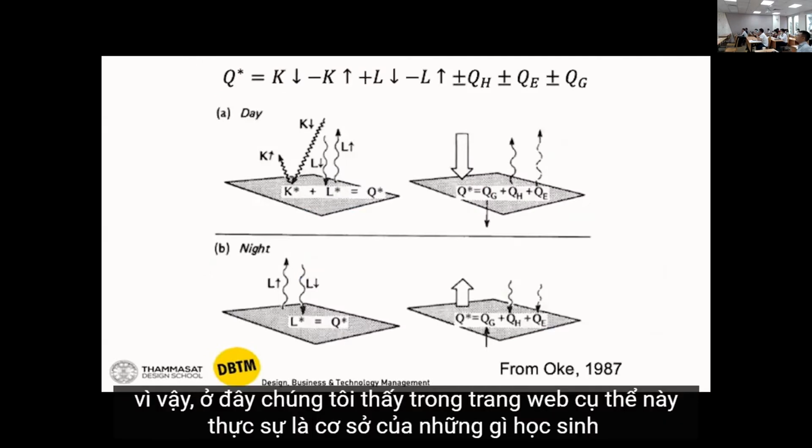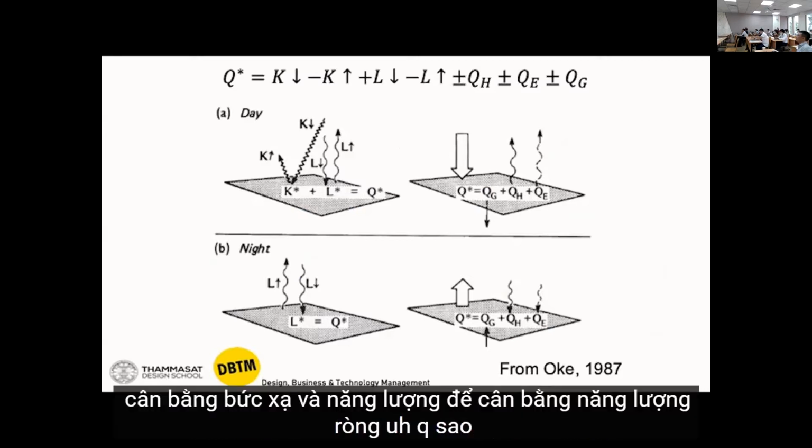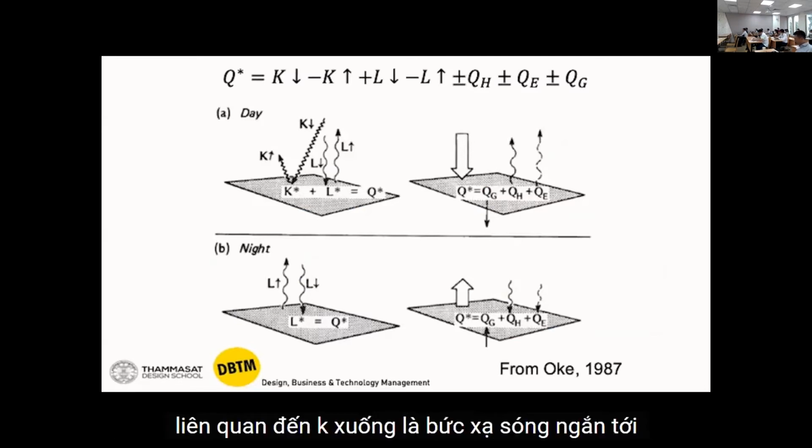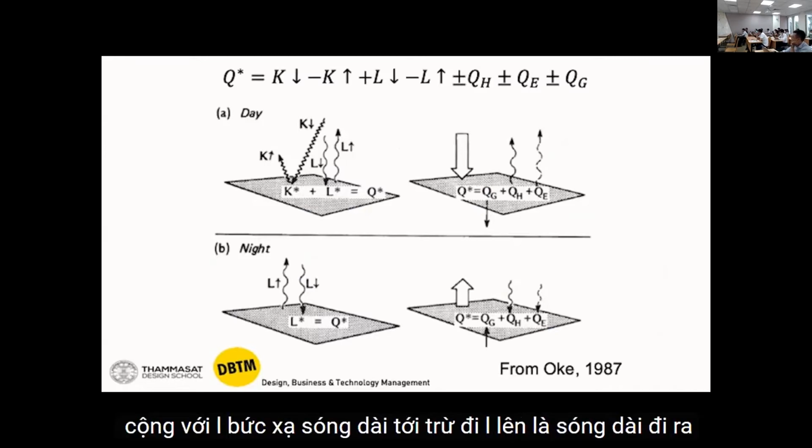So here in this slide we see the basis of what the students had learned in the previous semester with respect to radiation and energy balances. The net energy balance, Q star, is related to K down, incoming shortwave radiation, minus K up, outgoing shortwave radiation, plus L down, incoming longwave radiation, minus L up, outgoing longwave radiation.